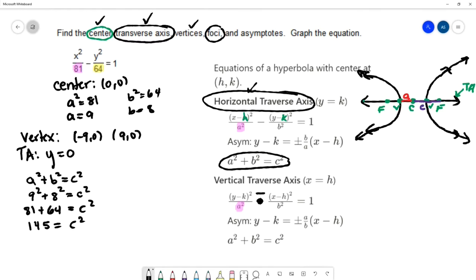Now is that a nice square root? No. So c is equal to the square root of 145.